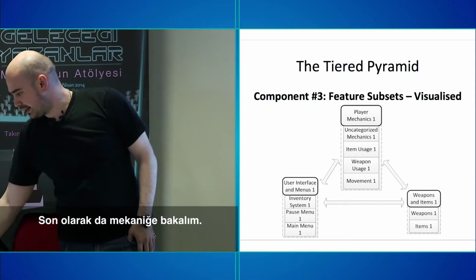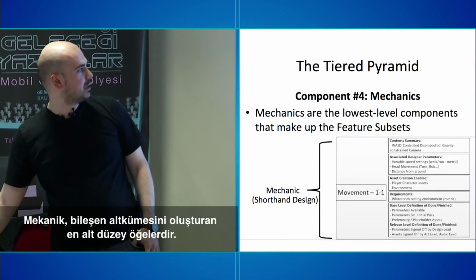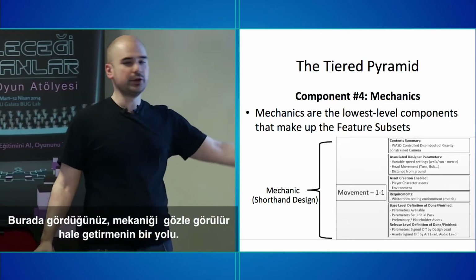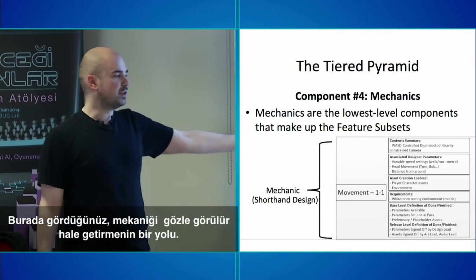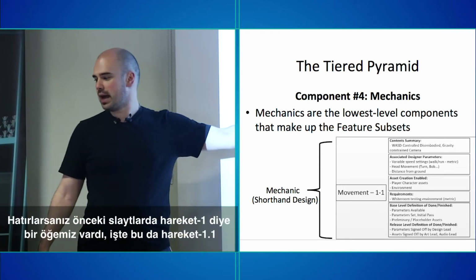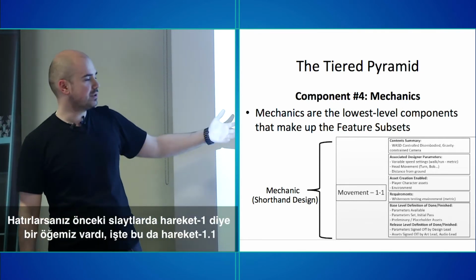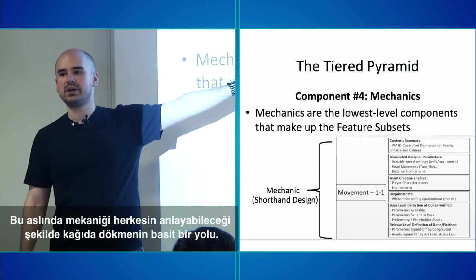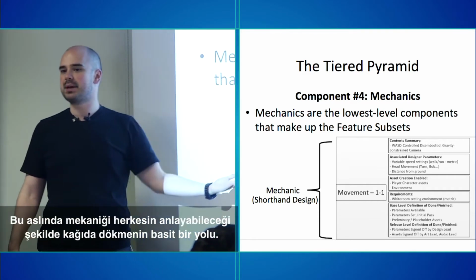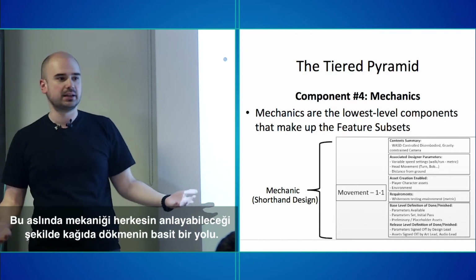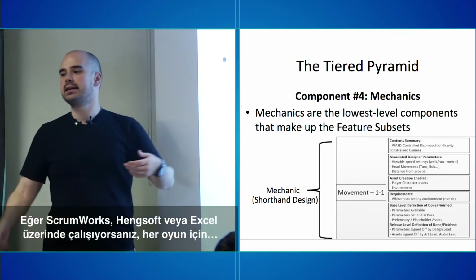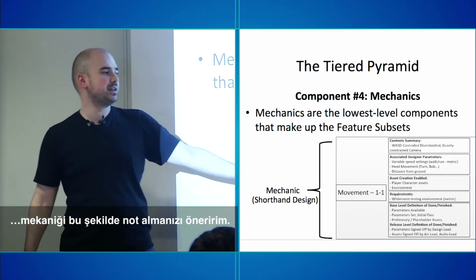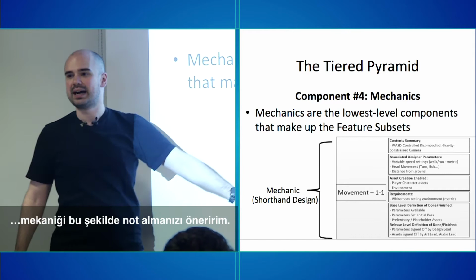Now, lastly, mechanics. Mechanics are the lowest level components that make up the feature subset. So this is one way of visualizing a mechanic. Remember we had movement 1 on the previous slide. So this is movement 1-1, and this is a very simple way of writing a mechanic in a way where everyone can kind of understand it. If you guys are planning in ScrumWorks or Handsoft or Excel or something like that, for every mechanic you have in the game, I would recommend having it written down kind of like this.